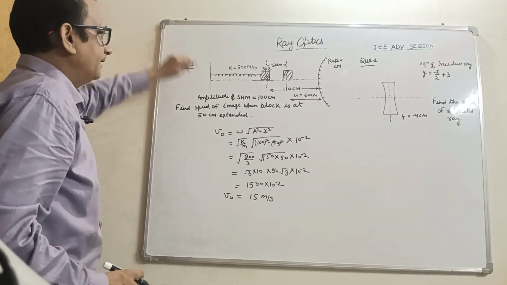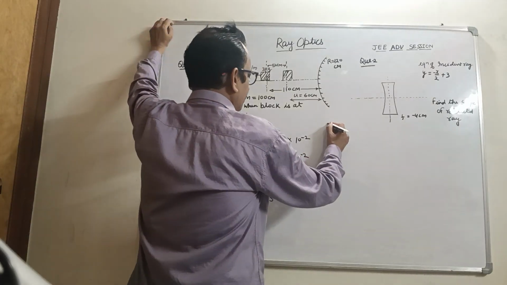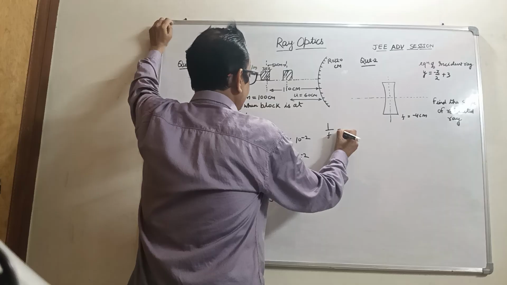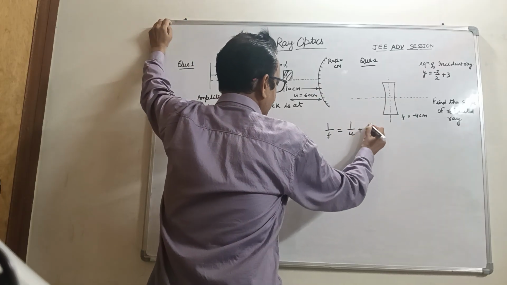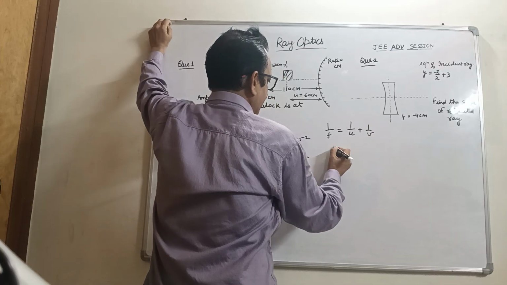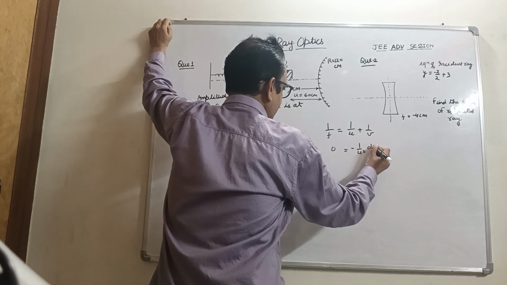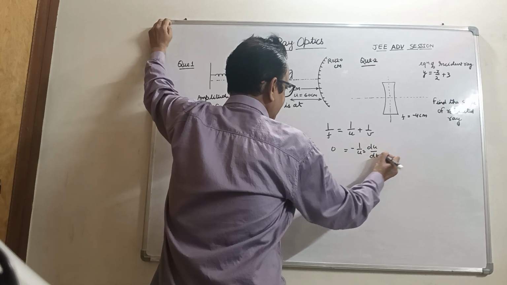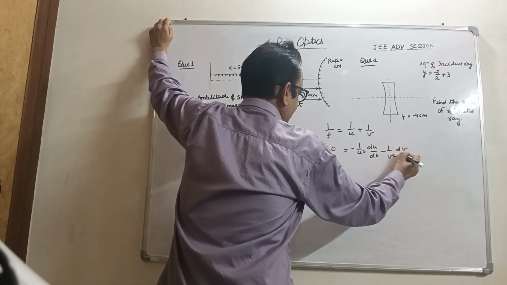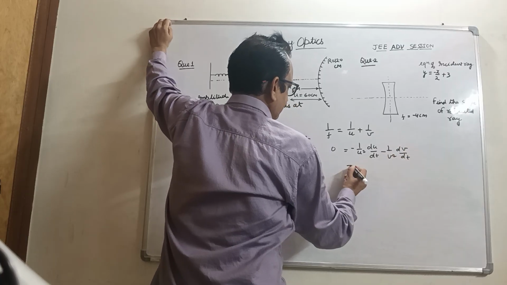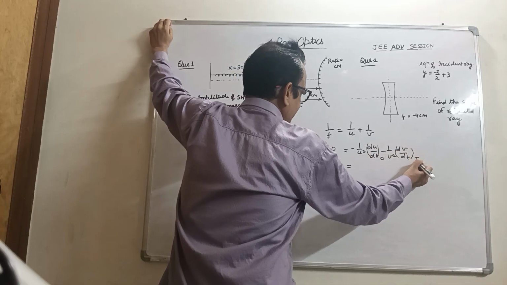We have to find the velocity of the image. So for the mirror, 1 by f is equal to 1 by u plus 1 by v. Differentiate on both sides. This becomes minus 1 by u square du over dt minus 1 by v square dv over dt. This is the velocity of object, this is the velocity of image.